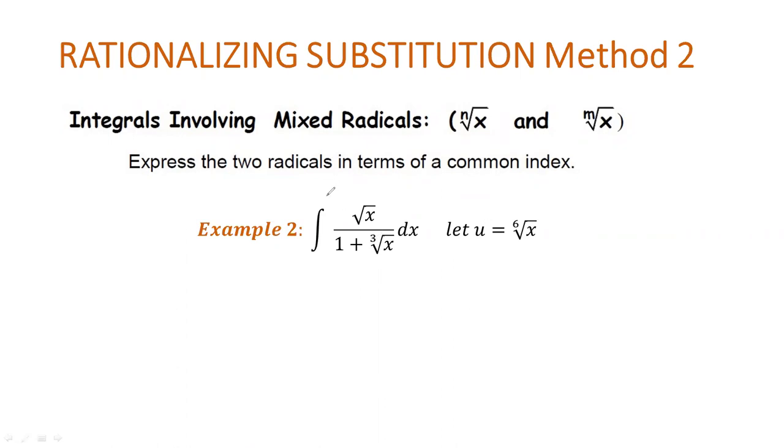Instead of having u equal to the square root of x or u equal to the cube root of x, now u will be the sixth root of x, or that would be x raised to 1/6. What you did is multiply the fractional exponents of the two expressions which are having different fractional exponents.